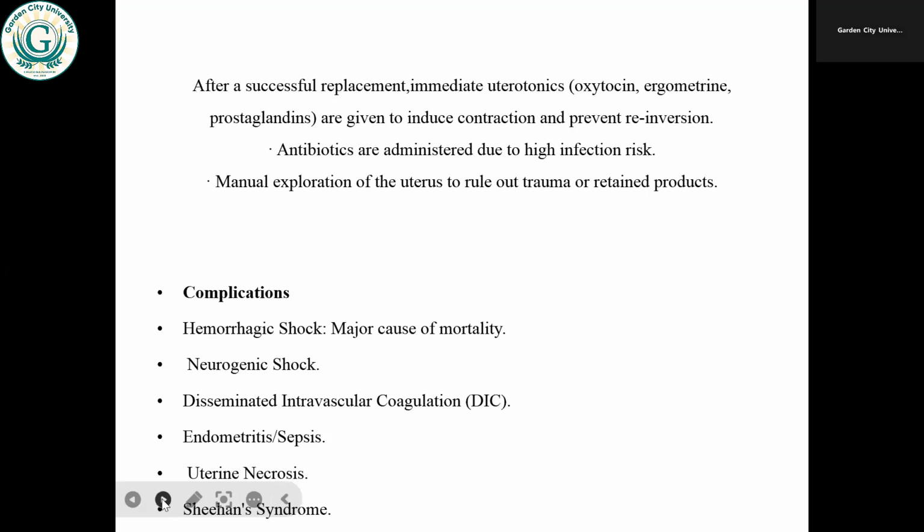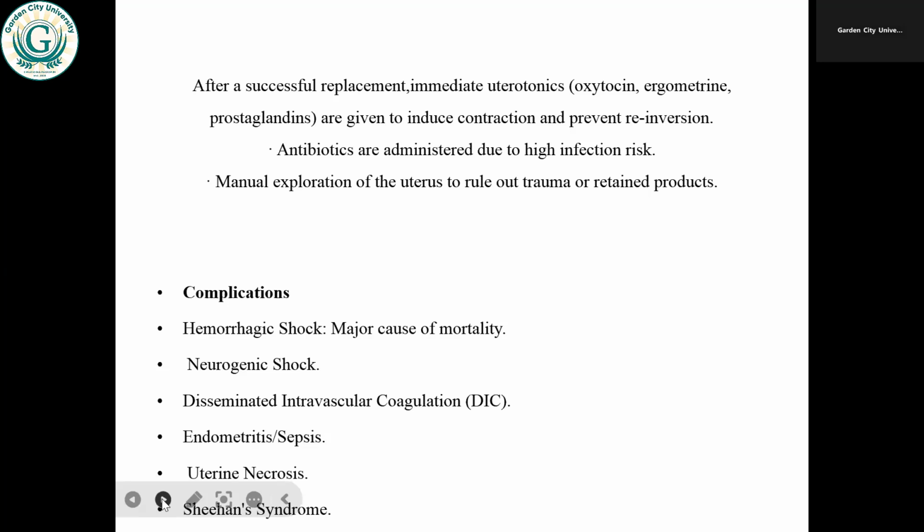Complications of uterine inversion. One, we have hemorrhagic shock. We say with uterine inversion, one sign is visible vaginal bleeding. So as the mother bleeds and interventions delay, definitely the woman will enter into shock, and the diagnosis of this shock will be hemorrhagic shock.